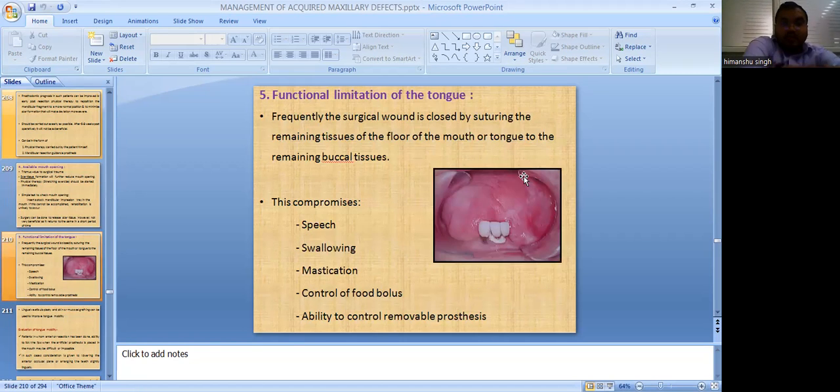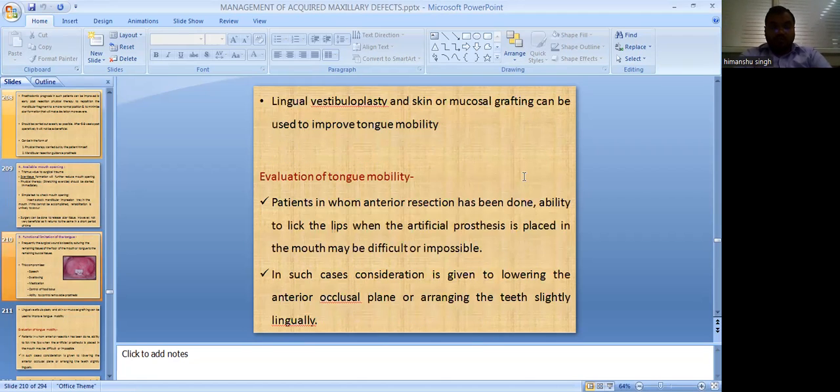Fifth point is the functional limitation of the tongue. Frequently, the surgical wound is closed by suturing the remaining tissues of the floor of the mouth or tongue to the remaining buccal tissues. This compromises speech, swallowing, mastication, control of food bolus, ability to control removable prostheses.